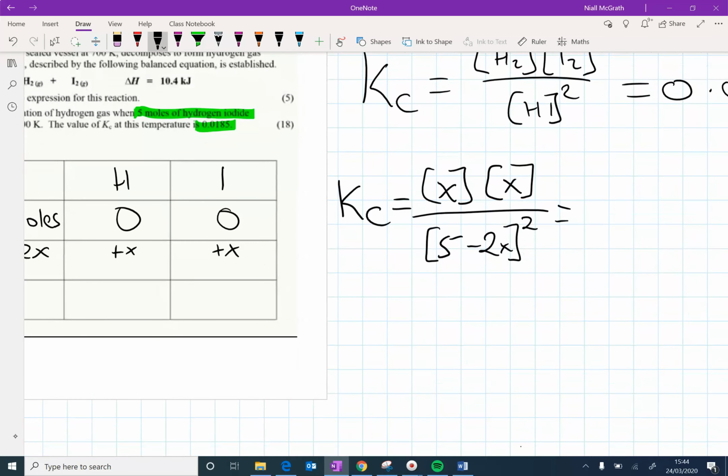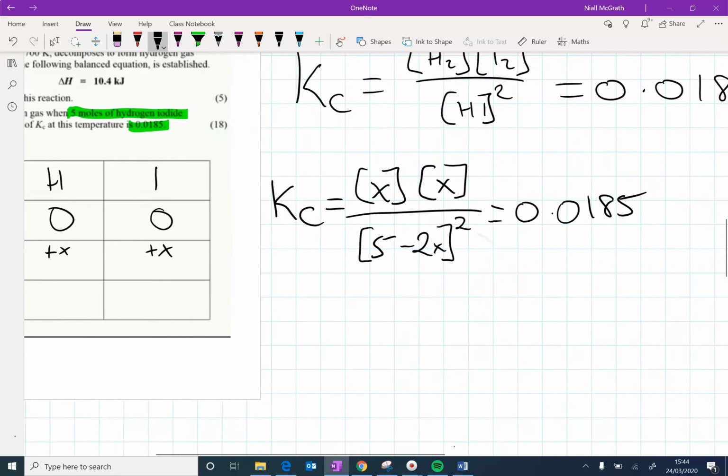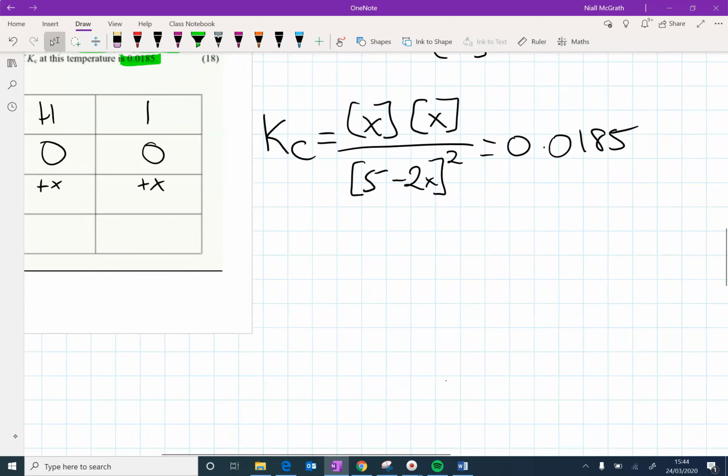And we know also that that is equal to 0.0185. If we rewrite this, on top we have x squared, and below the line we'd have 5 minus 2x squared.